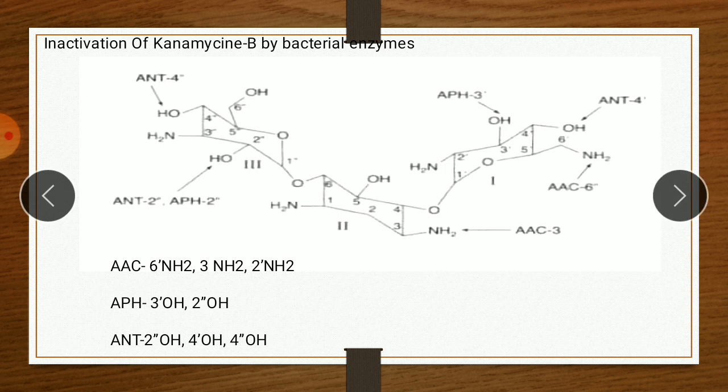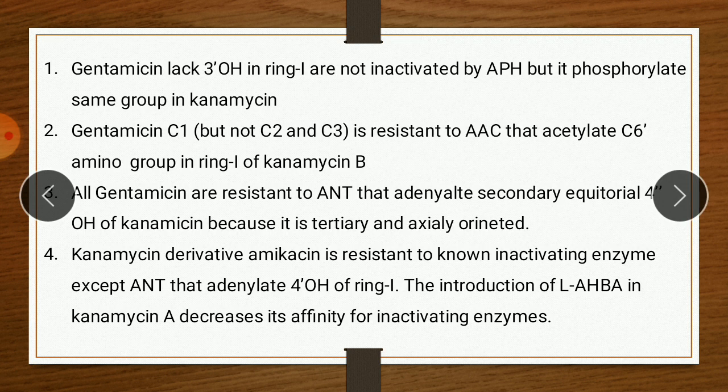So accordingly, first point, gentamicin. In case of gentamicin, as we discussed previously, it does not contain a 3' hydroxyl group in ring 1 and therefore is not inactivated by APH. As we know, the target of APH is the 3' hydroxyl group. So here there is no hydroxyl group. Either you remove the target group or you replace it with another group.